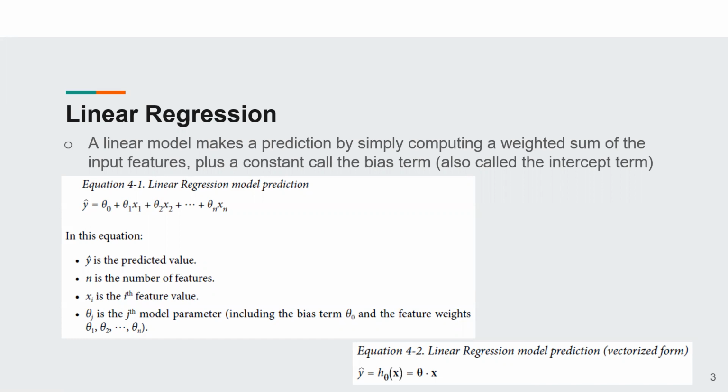All the thetas are parameters that we're trying to estimate, and the x are the features. Y hat is a predicted value. In vectorized form, it can be represented in equation 4-2, essentially y hat equal to theta dot x.